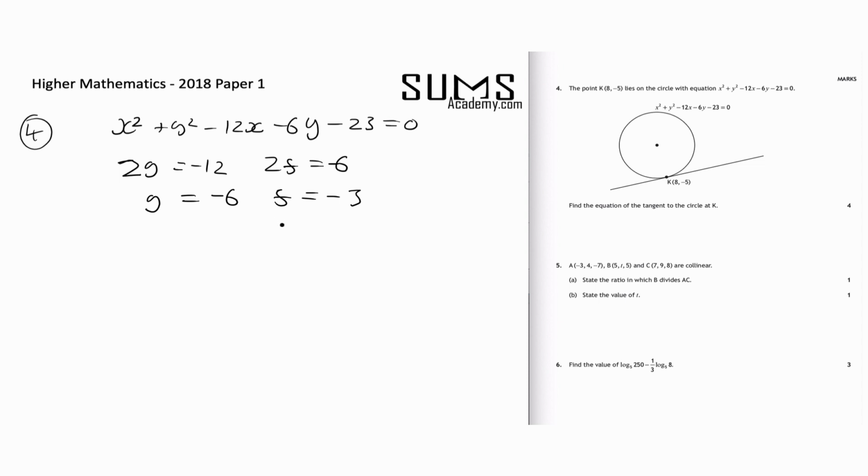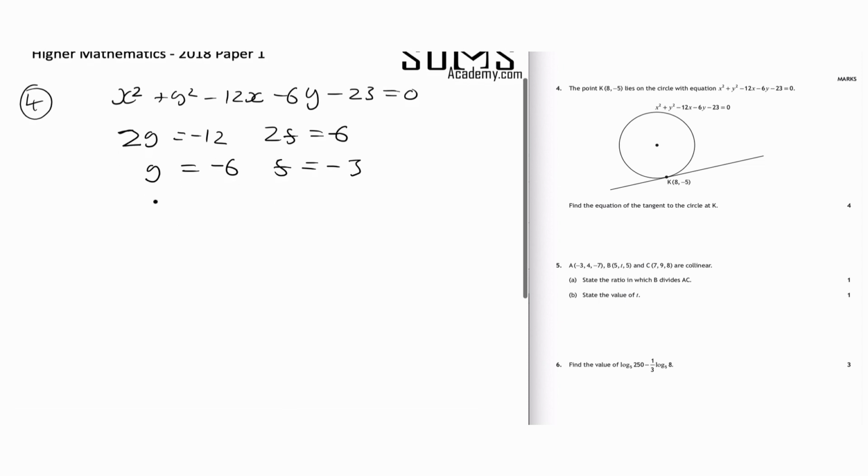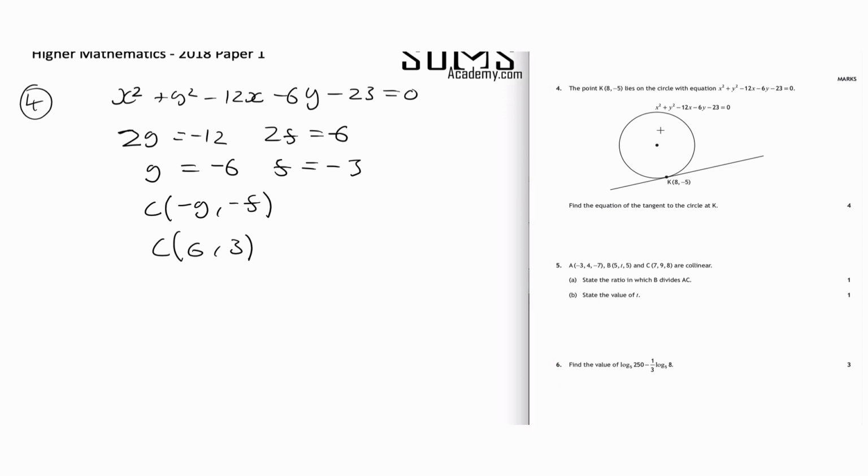Okay, and our center is just going to be (minus g, minus f). So our center is equal to (6, 3). So we can write that in over here, (6, 3). Okay, so now that we've got this point, we can now work out the gradient of the radius.